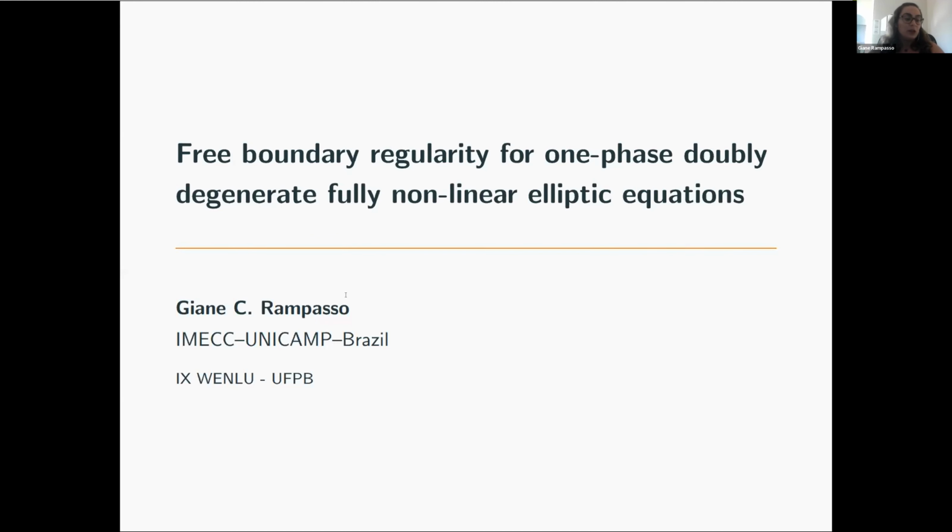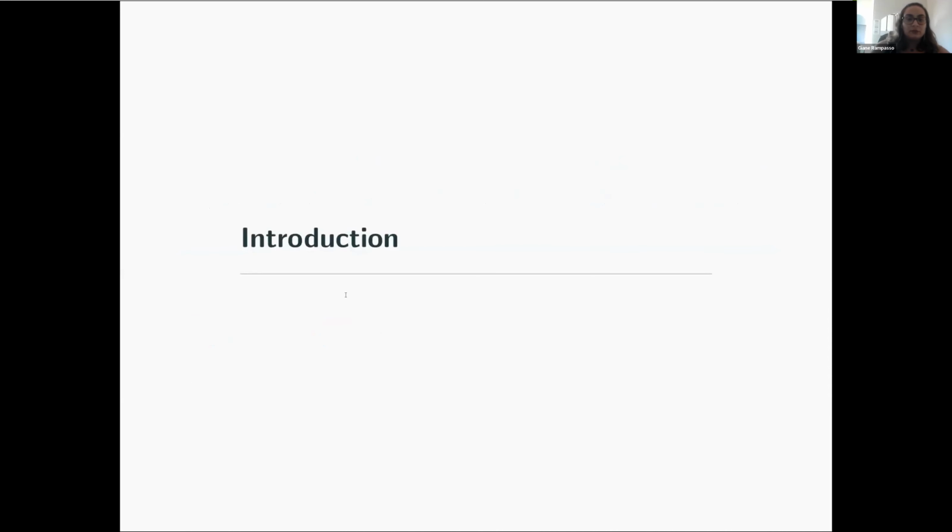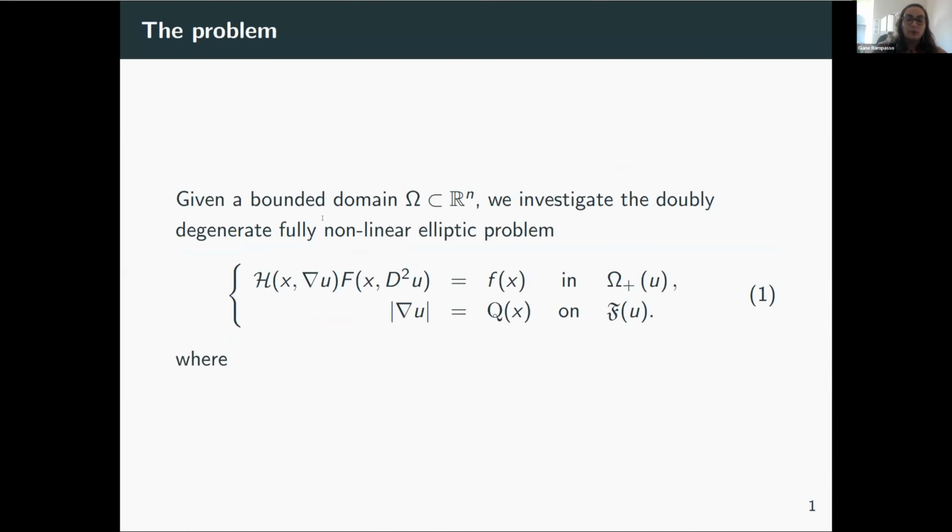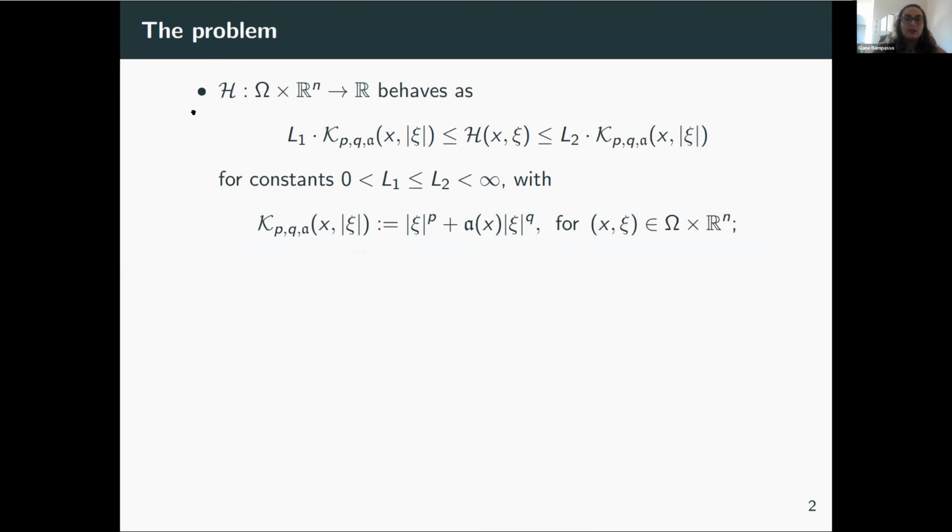To understand our problem, given a bounded domain Omega, we investigate the double degenerate fully nonlinear elliptic equation of this type, where H has this growth condition, for positive and bounded constants L1 and L2, and where kappa behaves like this.